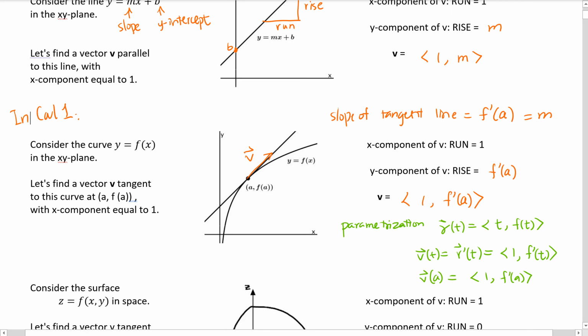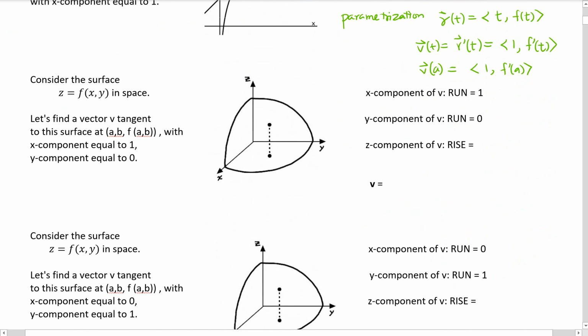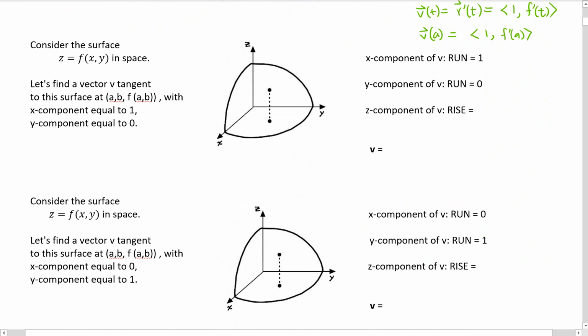So that is in the two-dimensional xy plane. What happens if we have it in space? Then we have z as a function of x and y, so two independent variables and one dependent variable. So let's find the vector v tangent to this surface at the point a, b, f of a, b, with the x component equals 1 and the y component equals 0. What does that mean?